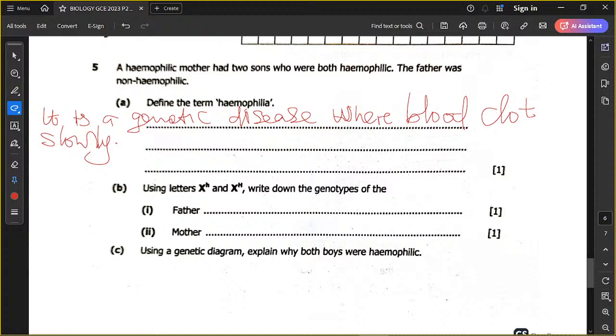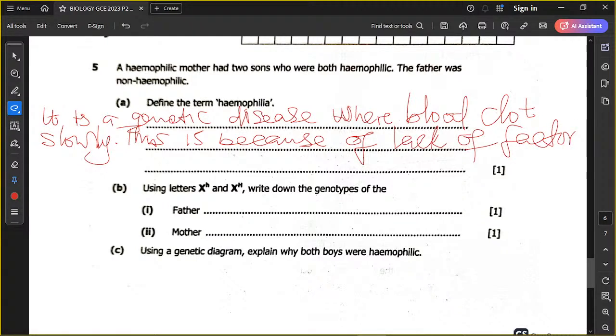Usually when this happens, the person doesn't have factor 8. This is because of lack of factor 8, which is written in Roman numerals like that.